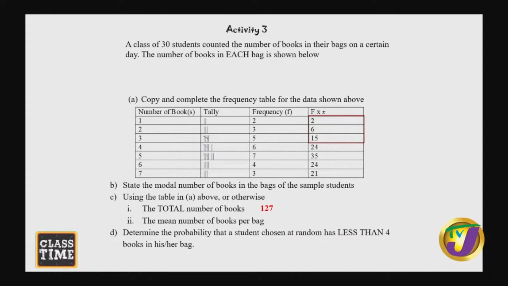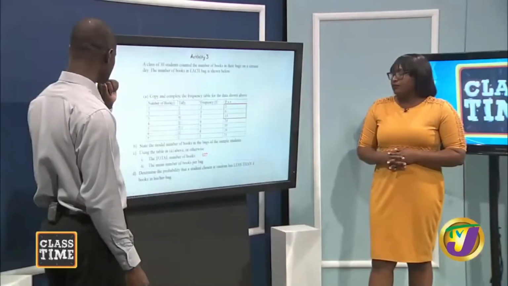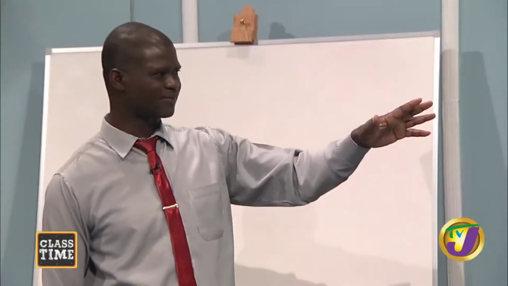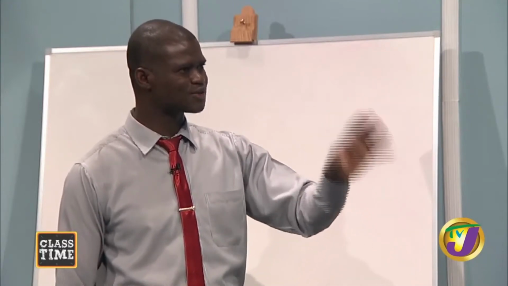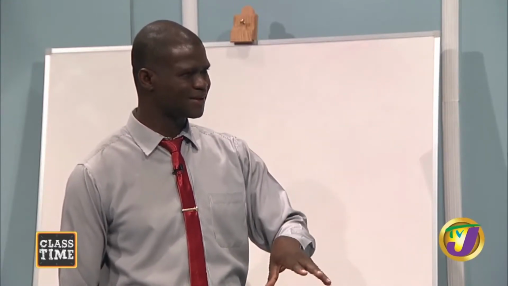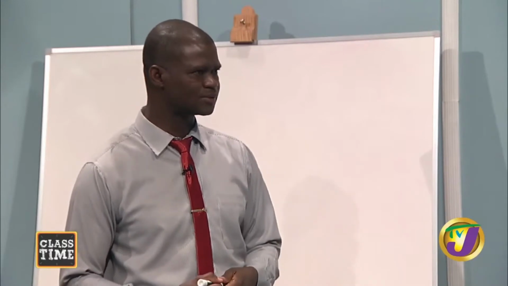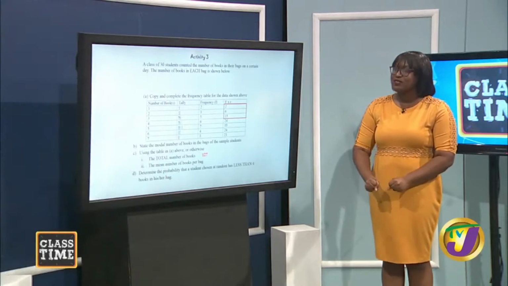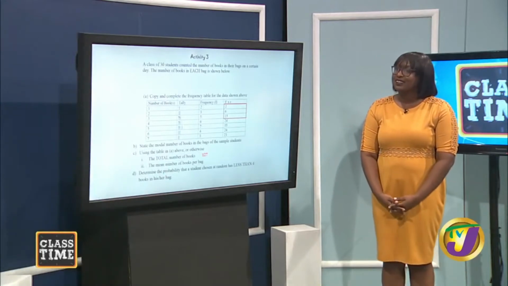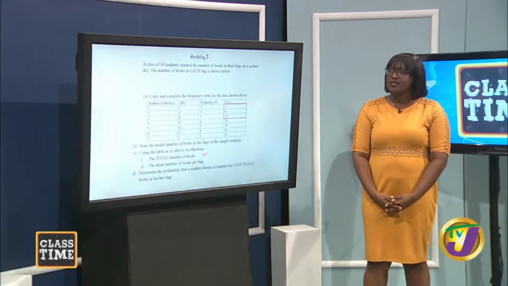All right, so what's the difference? We have found mean before. But in this particular problem, we have F times X, and we have just found the sum of F times X. So we can actually use a formula. You remember that formula? Show us the formula, sir. So mean, and we know that we use bar X for mean.